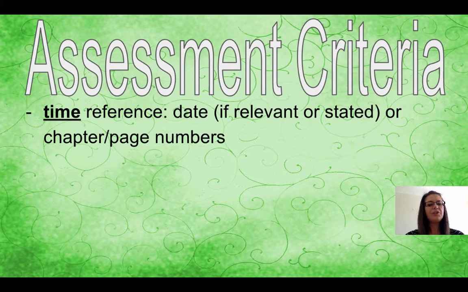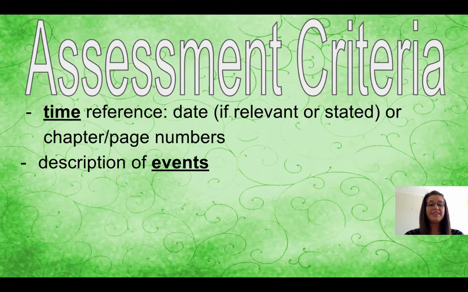So you might want to say chapters. So you might say this timeline entry is for chapter 1, or you might want to put page numbers. So the particular timeline entry that you are writing for this day might be from pages 1 to 12. You need some kind of time reference, and that's sort of going to be like your heading.